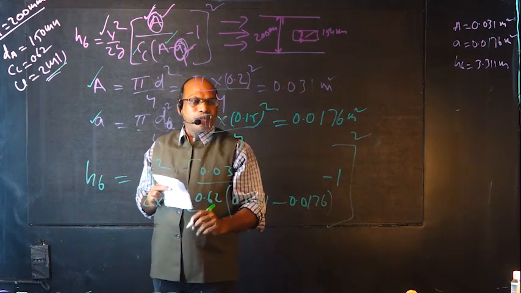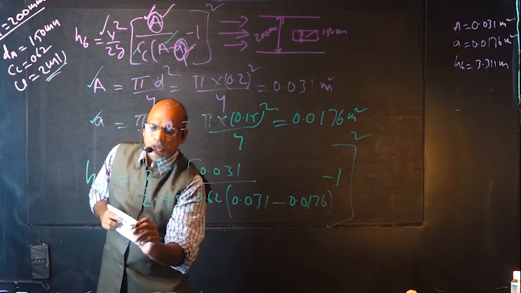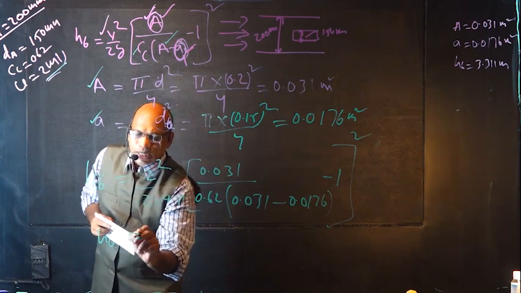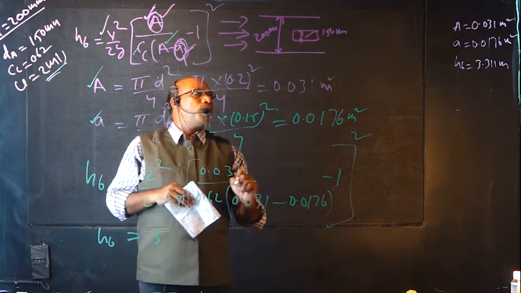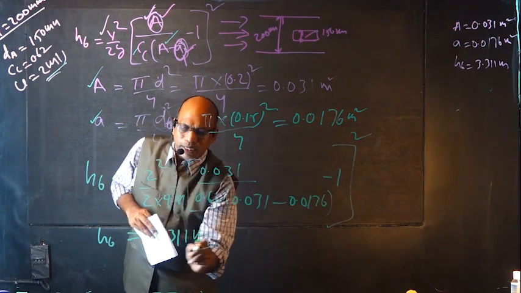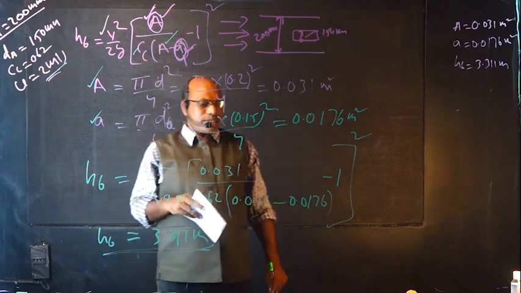This is the formula. Finally, all are known values, so the head loss due to obstruction is equal to 3.311 meters. This is the head loss due to obstruction.